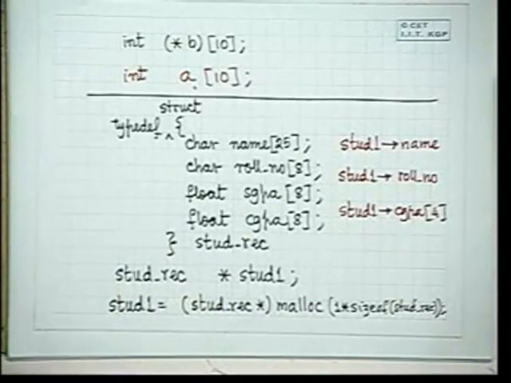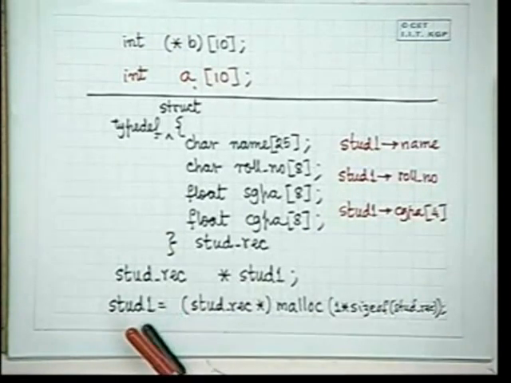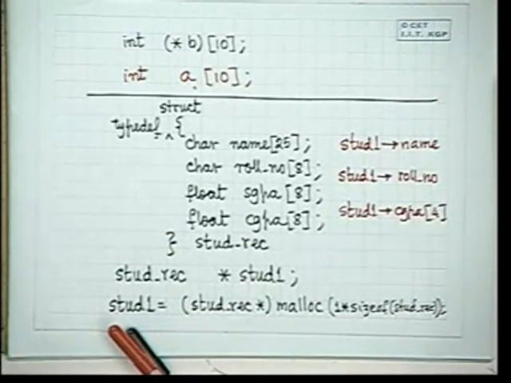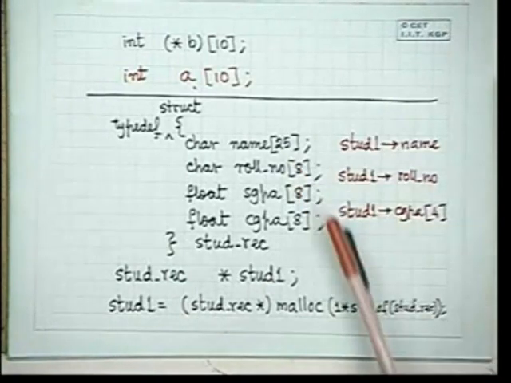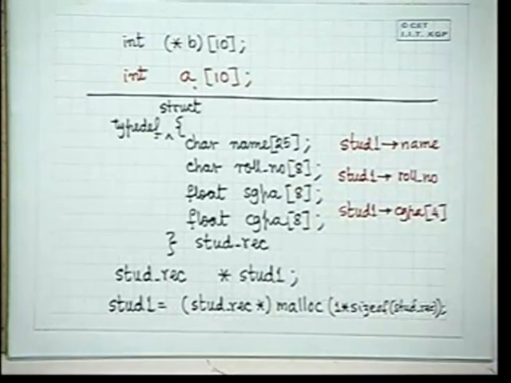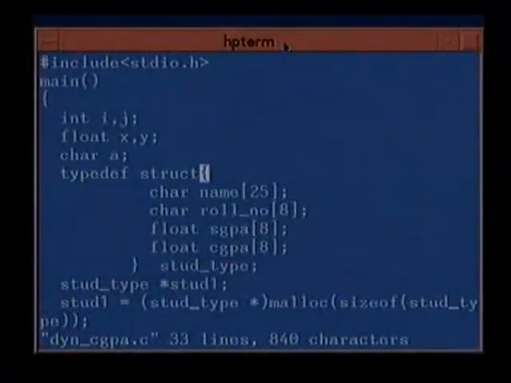So this is just the modification in the student record program that we had written, which will lead us to this structure. So we can have a quick look at that program now. This is where we have defined stud1 as a student type.